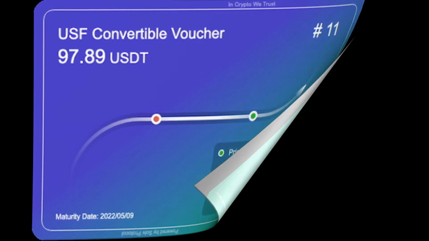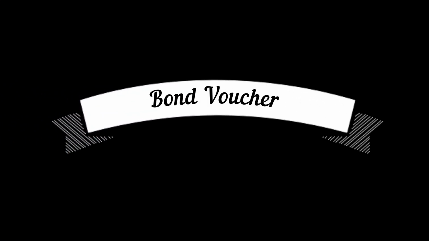Let's look at the bond voucher, because today the two main focuses are the vesting voucher and the bond voucher. So I'm going to talk a little bit about the bond voucher. The bond voucher is very simple, much simpler than the convertible voucher. It's a convertible bond. I'm not sure if you're familiar with a convertible bond in conventional finance.